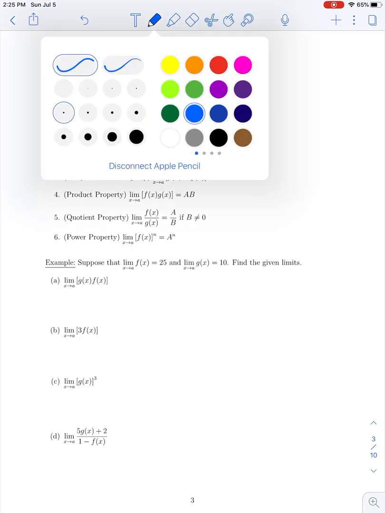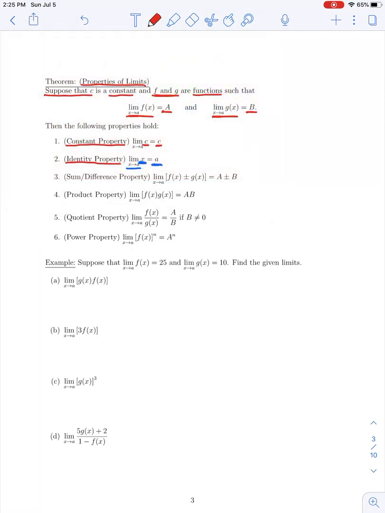Now the next property is called the sum difference property, which says that the limit as x approaches a of the sum or difference of f of x and g of x is equal to the sum or difference of A and B, the limits of the functions. We can think about this property in two parts.